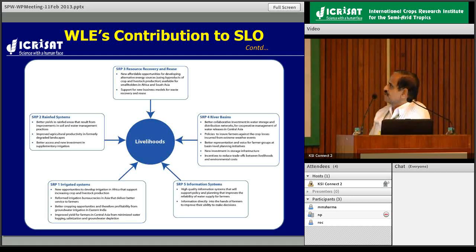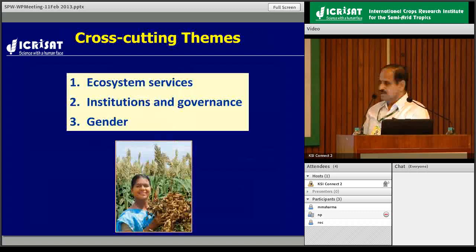And if we look at the river basins, better collaborative investment in water storage and distribution networks for cooperative management of water release in Central Asia. That is basically the governing system which can bring in the business models, so that appropriate water use efficiency measures can be taken in.